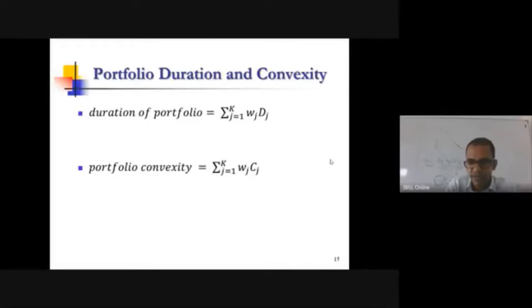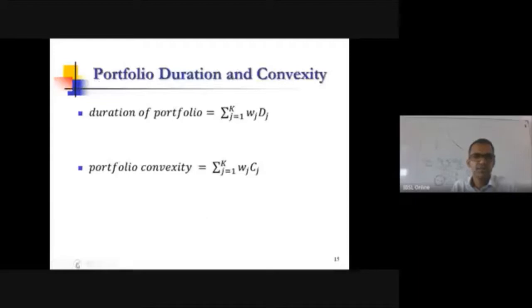So we calculate the market value of each bond, get the total, then calculate the weight. The weight is the amount invested in a particular bond over the total market value of the portfolio.